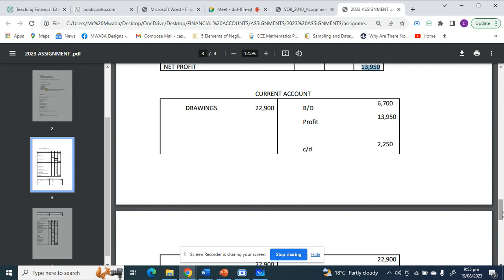Okay, so now we get to the balance sheet, the statement of financial position.